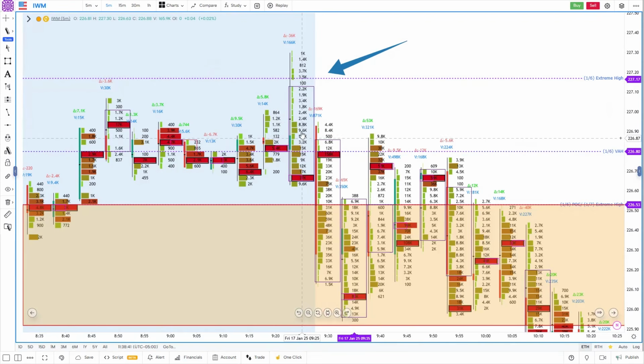You can see there's less and less volume, less and less interest. So that's telling me in real time that what we saw in market profile, that when prices got up to the 227 price tag, there were less and less people willing to buy.